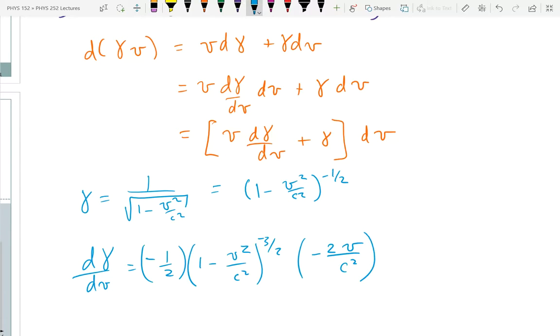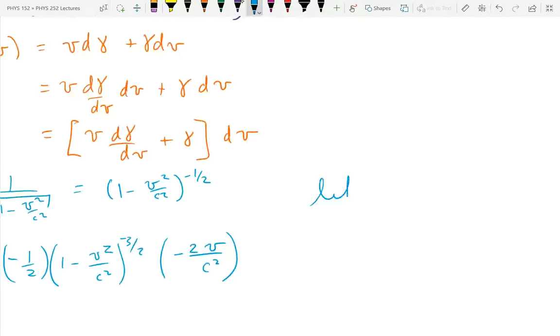We could have done this using the chain rule if we wanted to. We could have said, let u equal 1 minus v squared over c squared. And so gamma is equal to u to the -1/2.